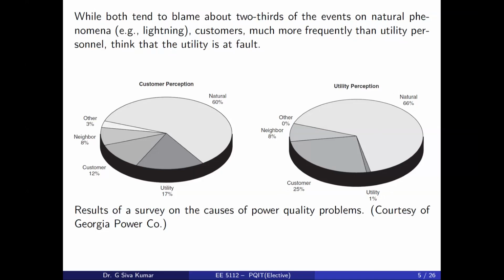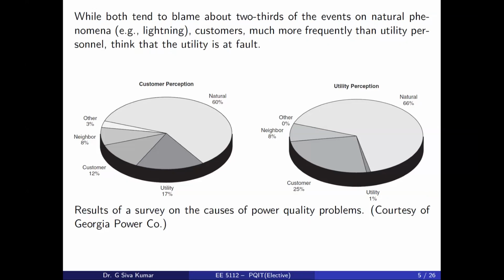Among these, when you see the customers' perception and the utility perception of power quality problems, the major cause is natural phenomena. Like the lightning phenomenon I have given as an example. There may be a tree fallen over the lines, and the line may get disconnected because of floods.